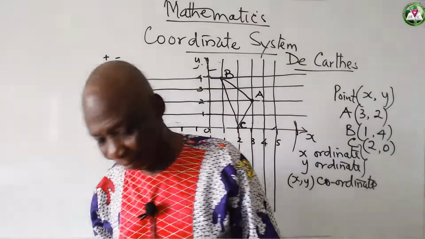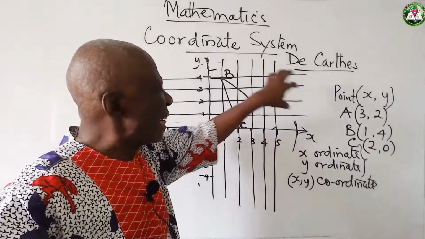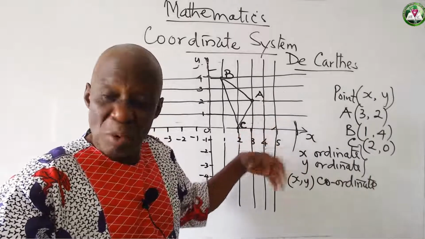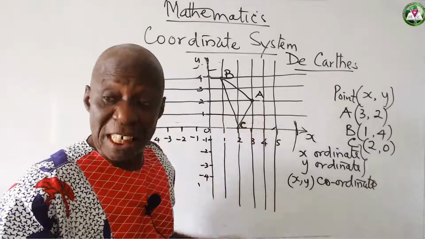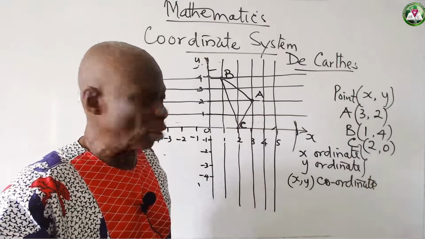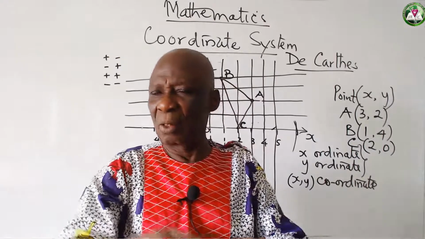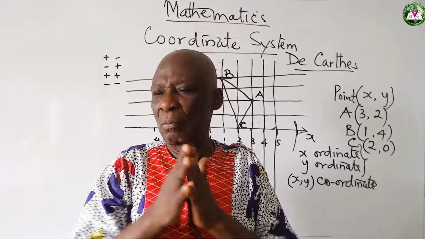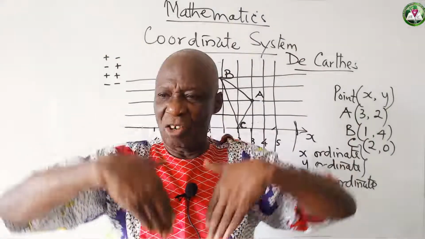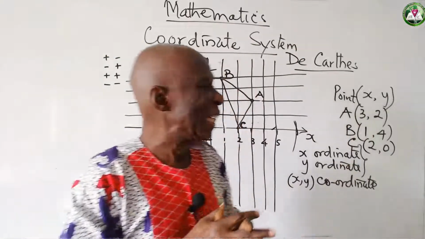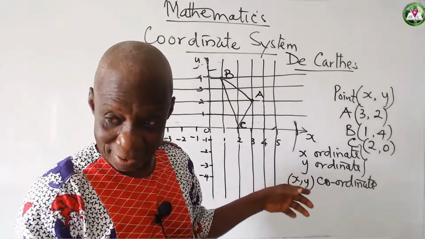Therefore, this man, Descartes, helped us a great deal in bringing things that we can use. We can even use this in finding area, in finding perimeter and all the rest of them. So this man did a lot of work. Remember, Descartes formed the horizontal number line, has the vertical number line on it to produce the Cartesian coordinate axis.